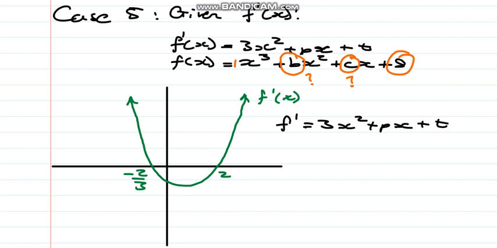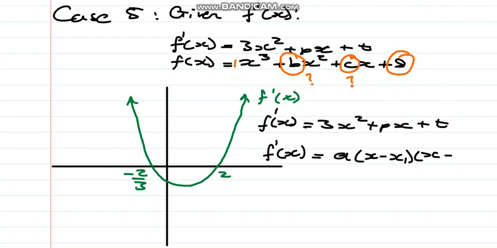One of the forms of a quadratic function could be given by a(x minus x1)(x minus x2). We know our a is 3, not the a for the actual function, but this a.